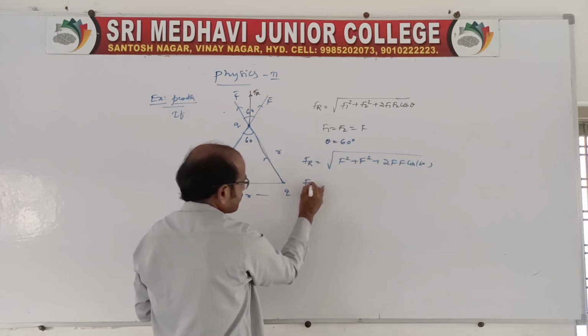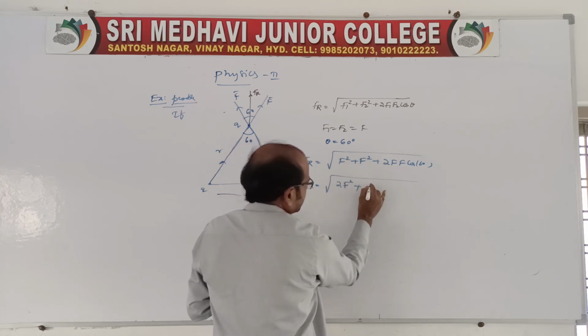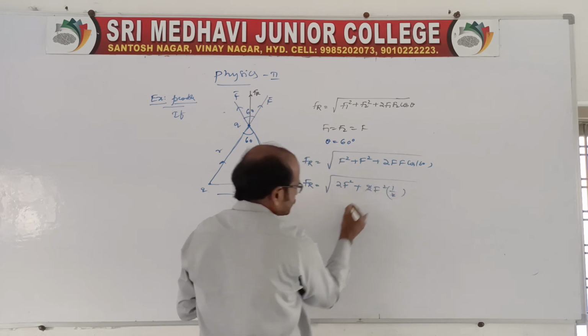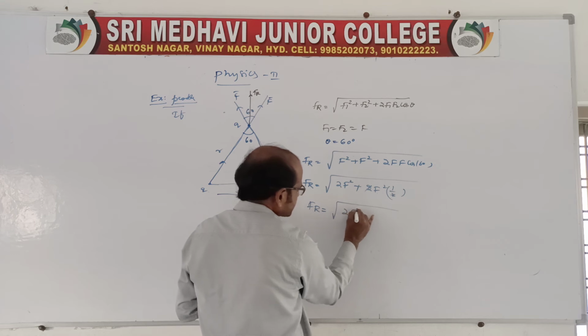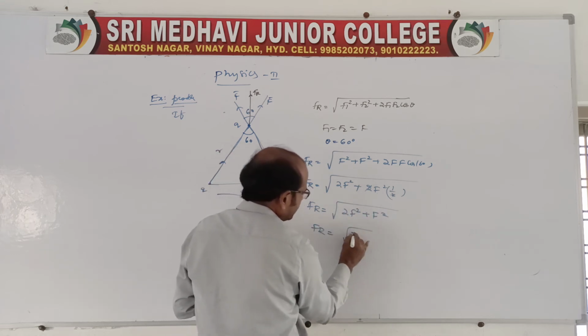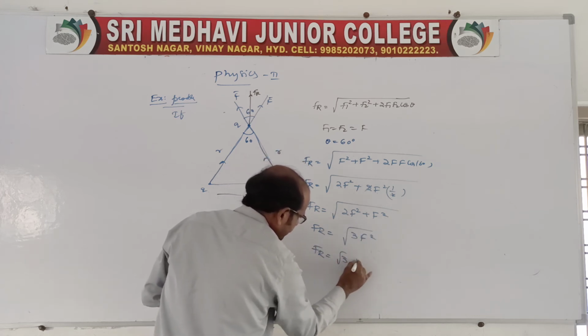Here Fr is equal to root over 2F square, again cos 60 is nothing but 1 by 2, then you cancel 2. Then the resultant will be root over 2F square plus F square, that is 3F square, then Fr is equal to root 3 into F.